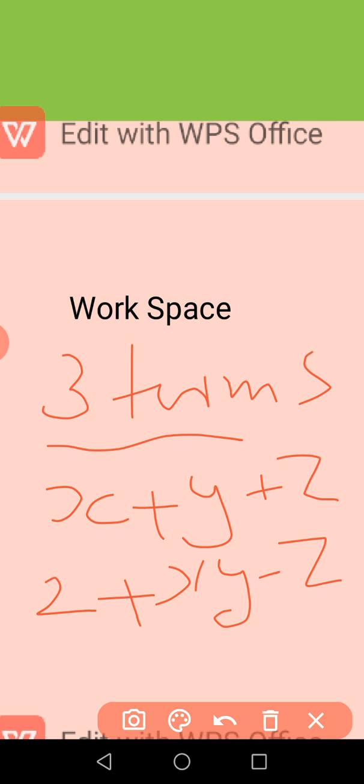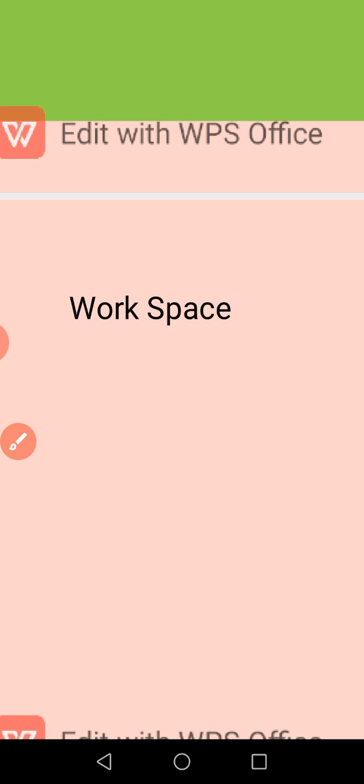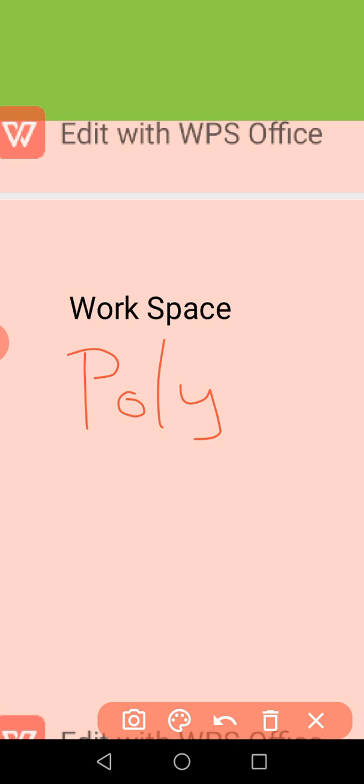This is also an example of trinomial. And next is polynomial. The word poly means many. So polynomial means an algebraic expression having many terms, or we can say that more than three terms, we can say it as a polynomial.